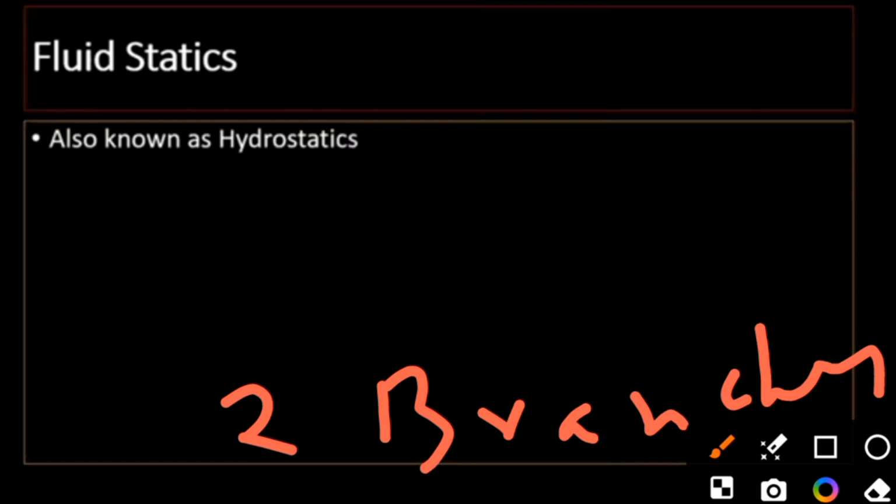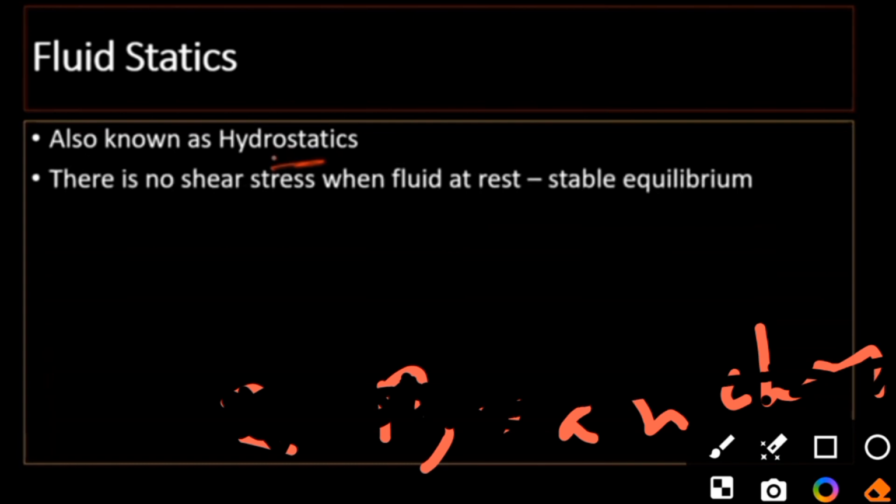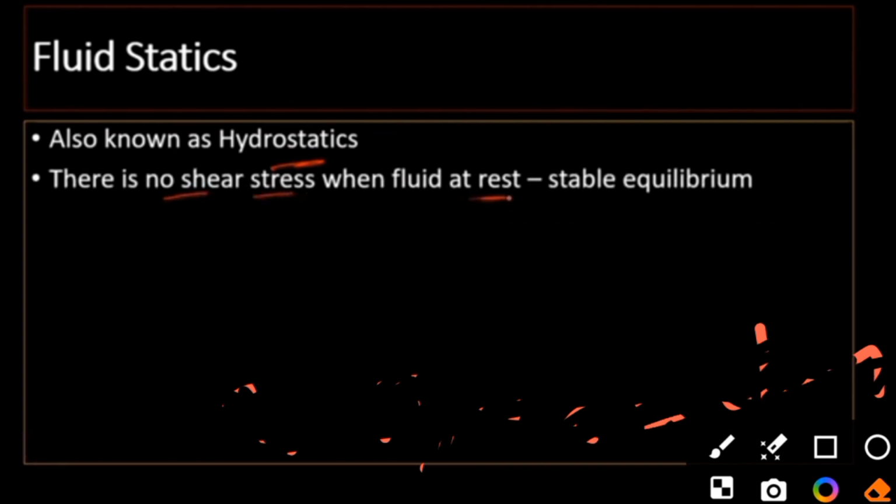Fluid statics is also known as hydrostatics. Since in this science the fluid is in rest position, in fluid statics there is no shear stress, because the liquid is in rest position, or we can say the fluid is in stable equilibrium position, and that's why there will be no shear stress involved here.